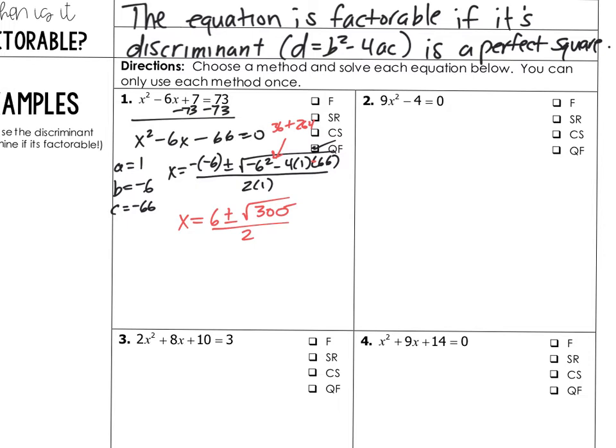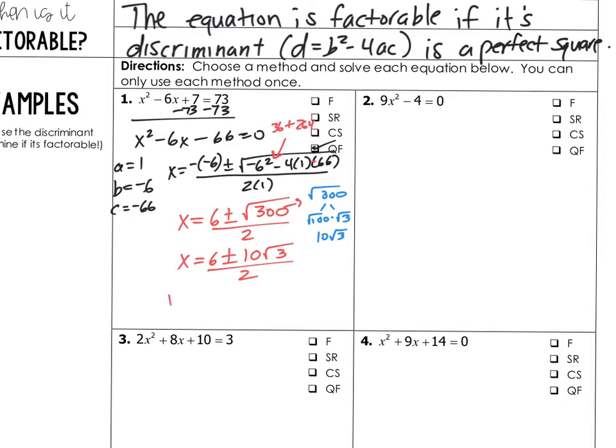Now we can simplify the square root of 300. That is the square root of 100 times the square root of 3. And the square root of 100 is 10. So that's 10 square root of 3. So x equals 6 plus or minus 10 times the square root of 3 divided by 2. And 2 goes into 6 3 times.